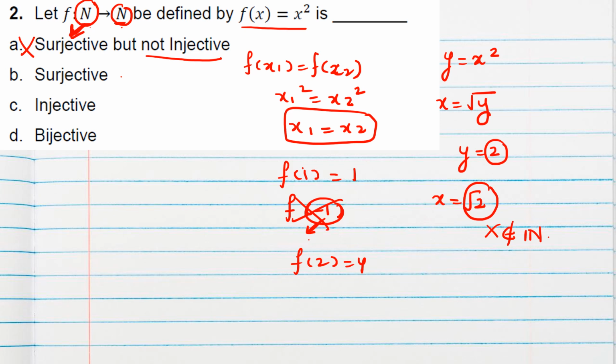This is not surjective. For surjectiveness, every element in the codomain should have an element in the domain. From here to here, the relation should go. But for such kind of numbers, we don't have any relation in our domain. So it is not surjective. So surjective won't come, bijective also won't come. That means it is only injective. C option is the correct option.